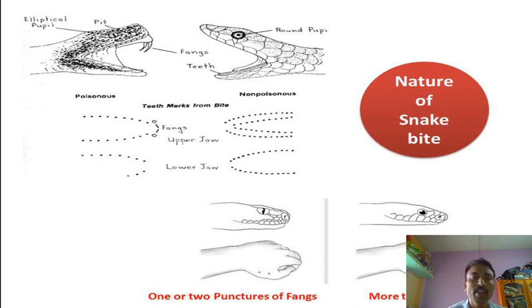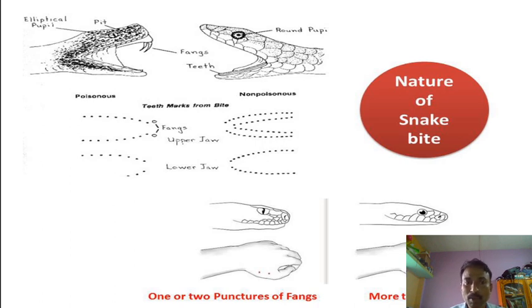So here, this is the poisonous snake, this is the non-poisonous snake, this is the bite of the poisonous snake, and this is the bite of the non-poisonous snake. In a non-poisonous snake, we have two parallel series of teeth, meaning bite marks, without fang marks at the anterior.